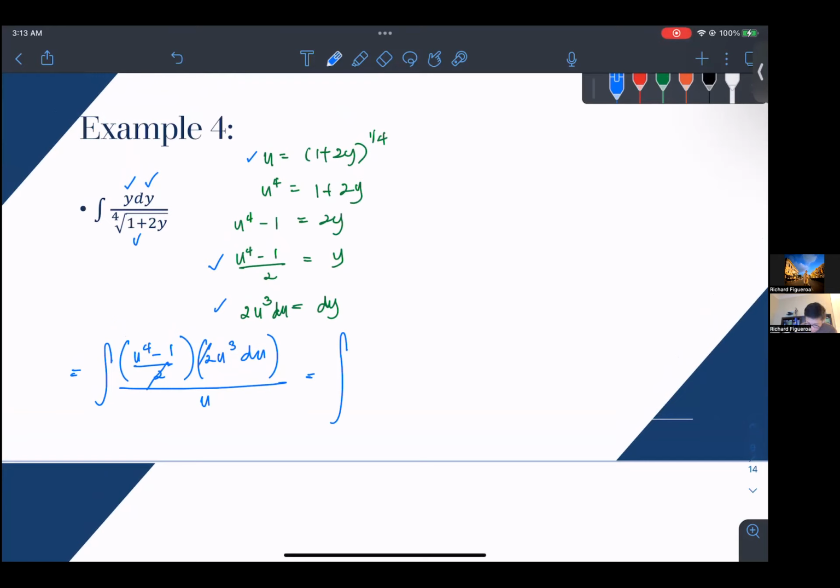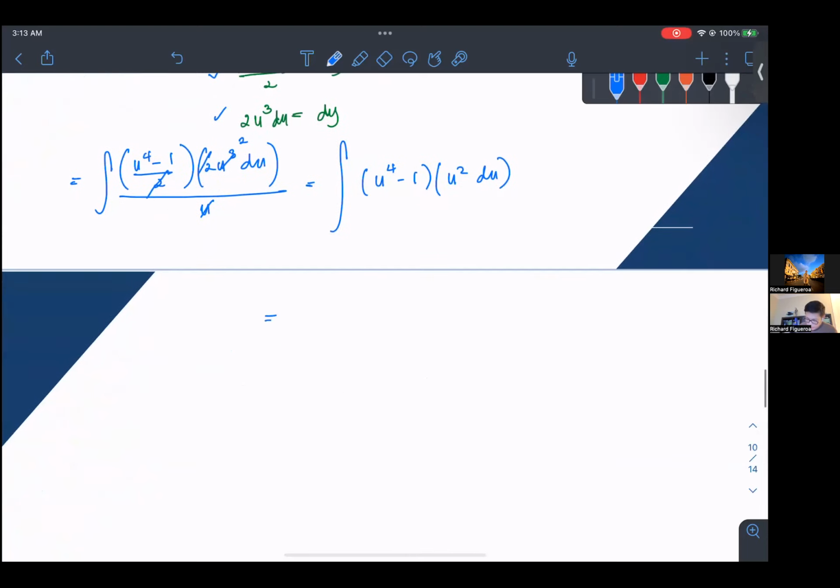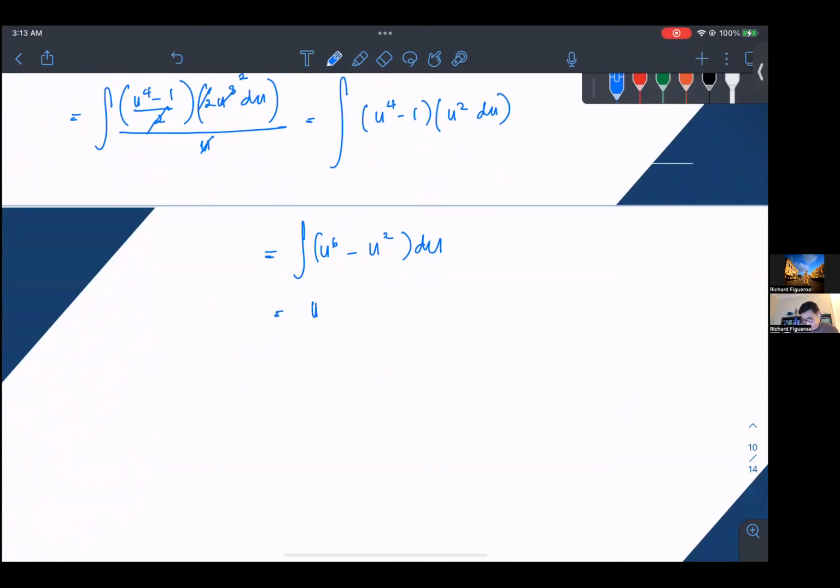We have u cubed and u, so u and u become u squared. So I'll just have u to the fourth minus 1 multiplied by u squared du, giving us u to the sixth minus u squared du. So this is u raised to 7 over 7 minus u raised to 3 over 3 plus c.